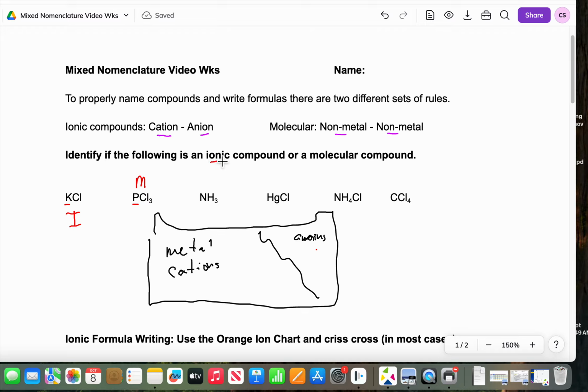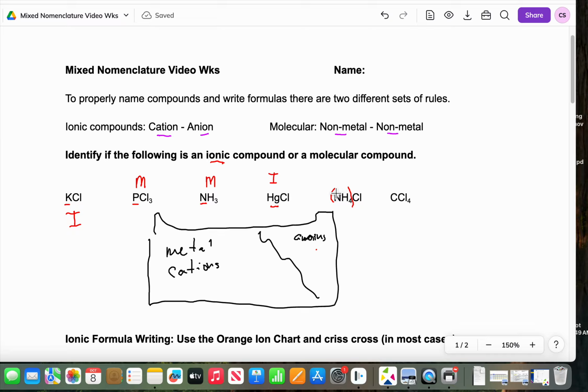So to tell if it's ionic, just check the first element in the formula. If it's a nonmetal, like nitrogen, it's a molecular compound. If it's a metal, like mercury, it's an ionic compound. Now there is one exception, when you have this ammonium NH4 cation.